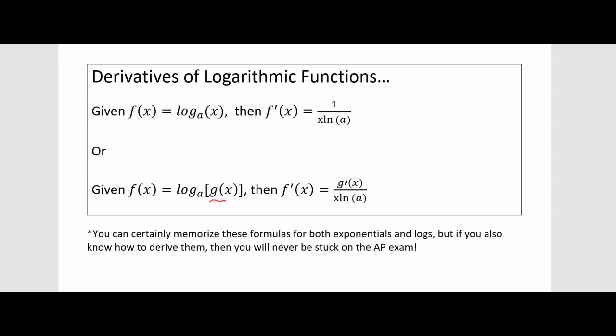If our input to the log is a function other than x, so something more complicated, well, then we're just going to multiply everything by g prime at the end, right? Everything's going to stay the same, right? If we just consider this as g of x, well, then chain rule wise, we multiply by the inside function, so we have times g prime of x, and that's what we're looking at right here.